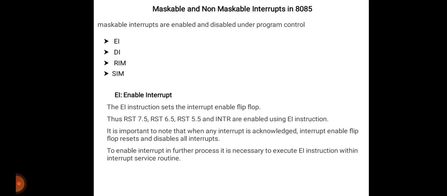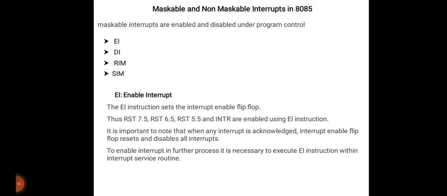The first one is enable interrupt. The enable interrupt instruction sets the interrupt enable flip-flop. As you can see in the figure, RST 7.5, 6.5 and 5.5 and INTR are enabled using the EI instruction.